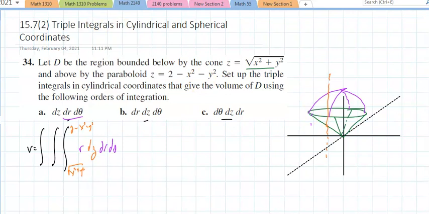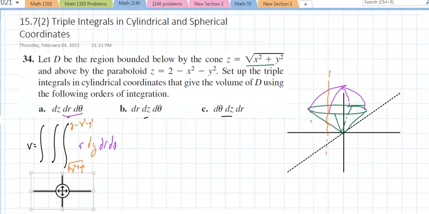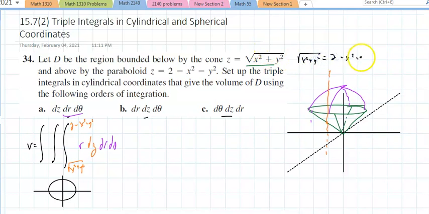If you look at how these intersect, if I look at this from the top to the bottom, it looks like a circle. And the circle is actually the square root of x squared plus y squared equal to 2 minus x squared minus y squared. Is there a faster way of figuring this out?